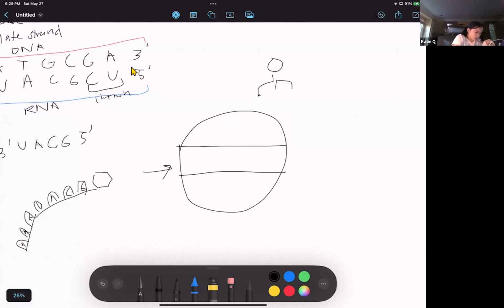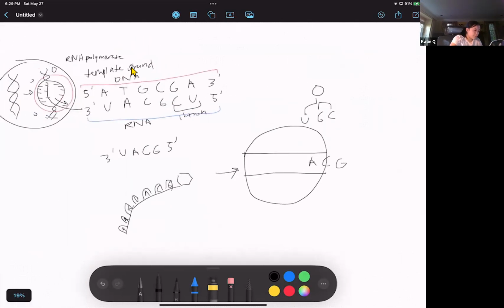So let's say it was G, C, A. The tRNA is going to bring U, G, C.